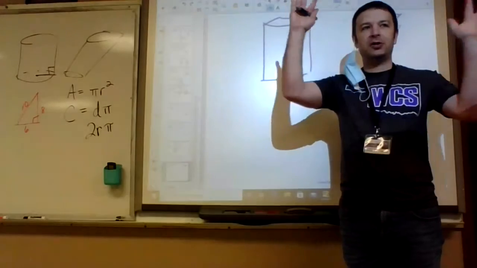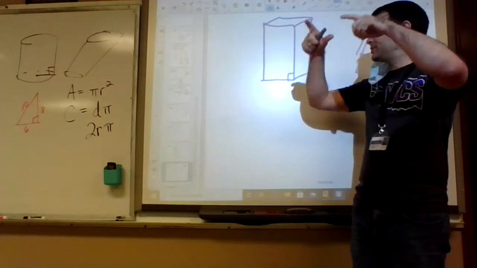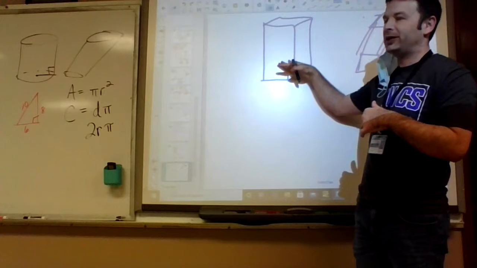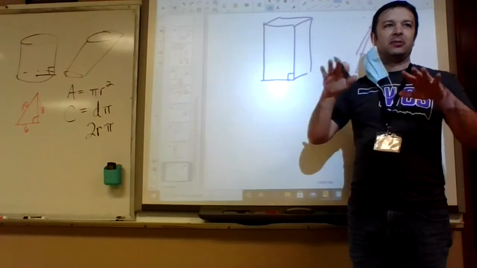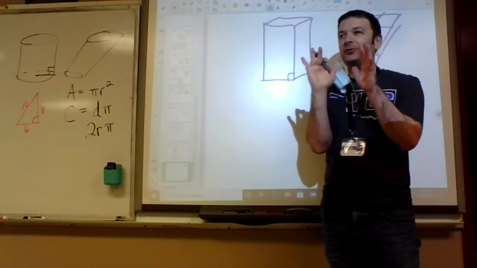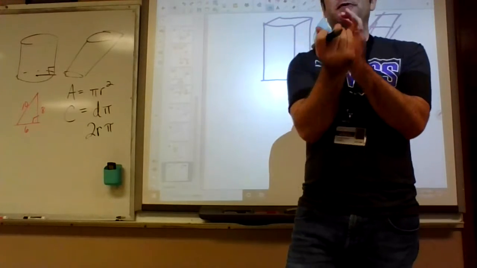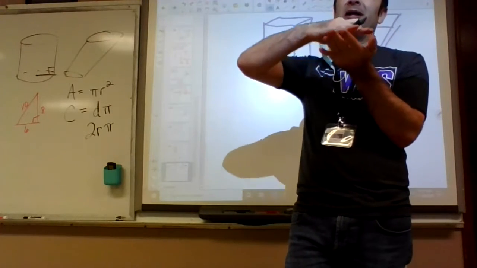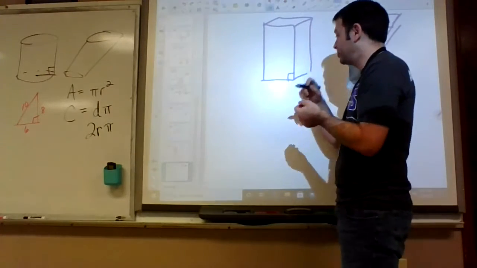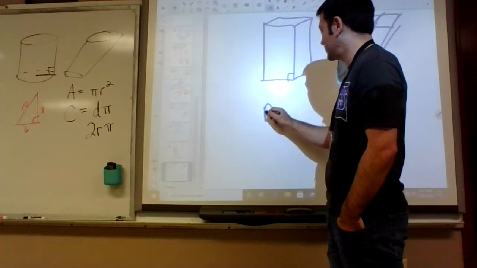That would give you all the sides put together. The lateral surface area, the up and down sides, the easiest way to do it is just the perimeter of the base times the height. That's what all that folding was about. If you just find how long the perimeter of the base is, and you multiply that times the height of the prism, that will give you the lateral surface area.